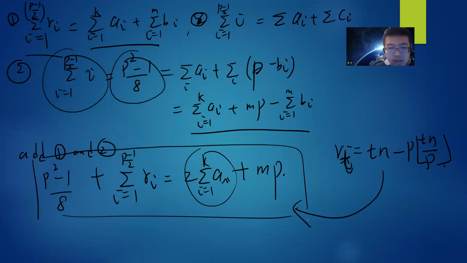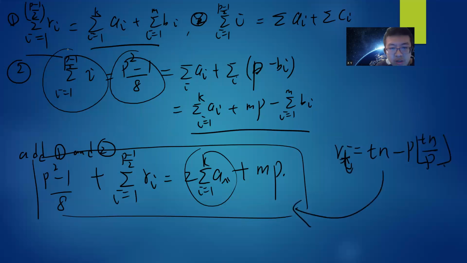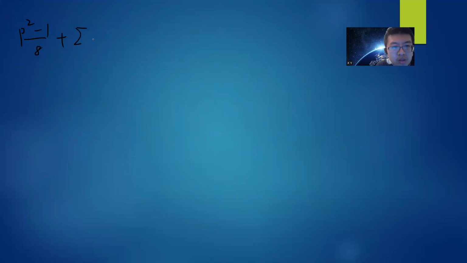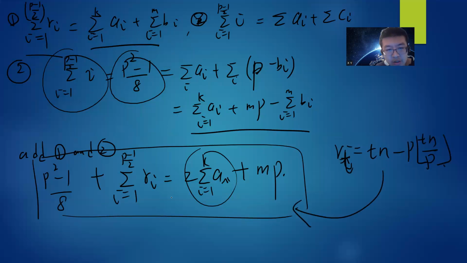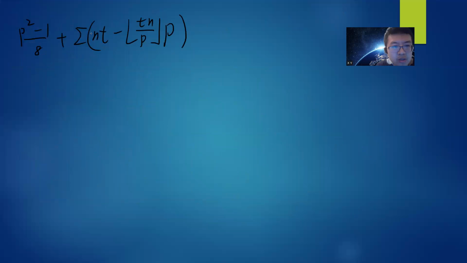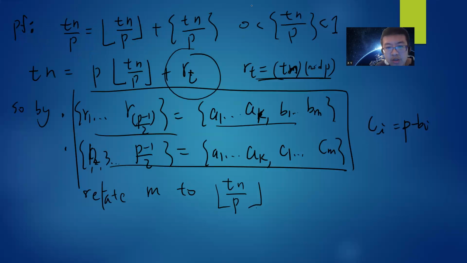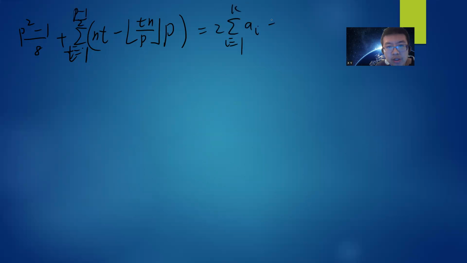If I plug in, I will get (P squared minus 1) divided by 8 plus NT, minus the sum of floor(Tn/P), T from 1 to P minus 2 of this, and that equals 2 of this, K, plus NP.